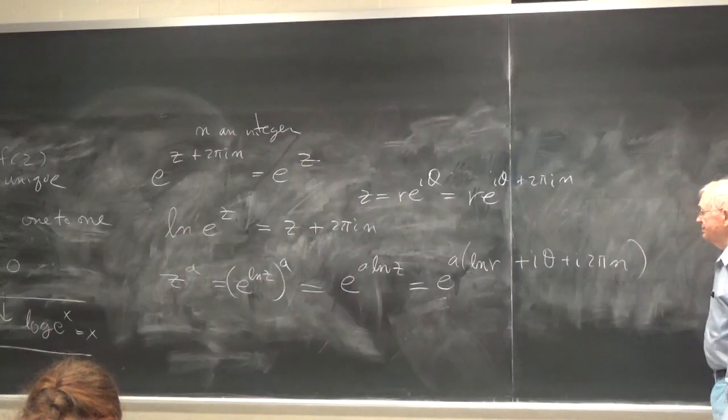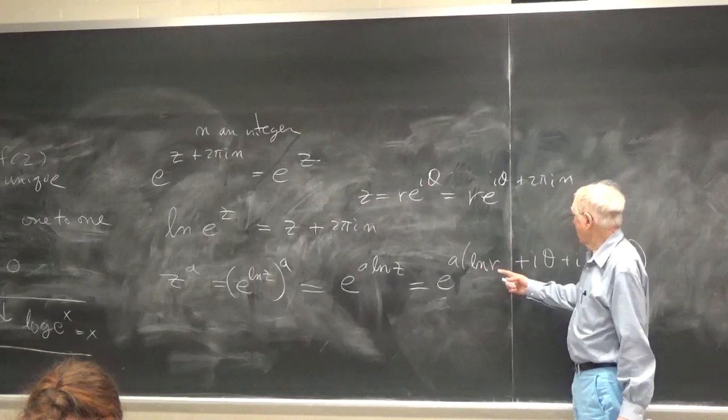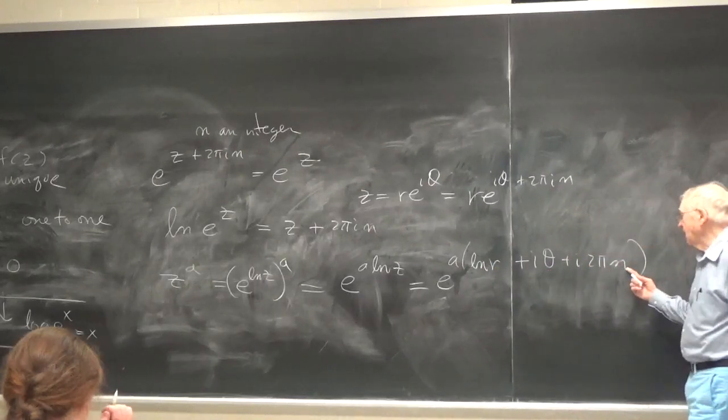And so the log of z is the log of r plus i theta plus 2 pi i n.